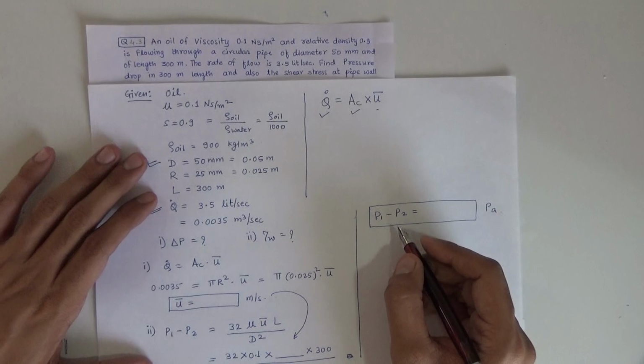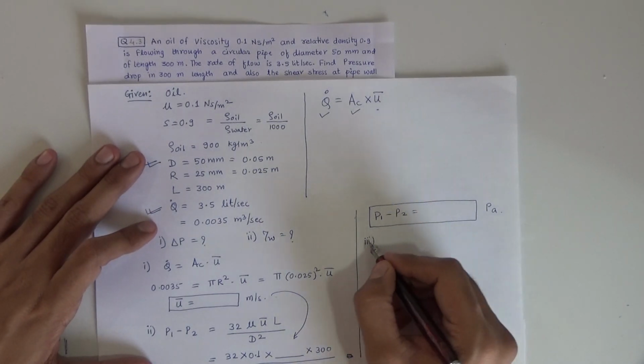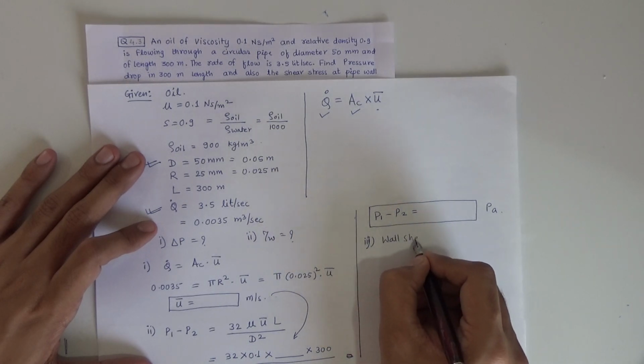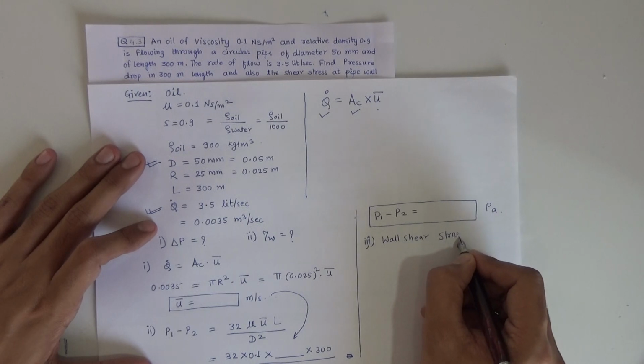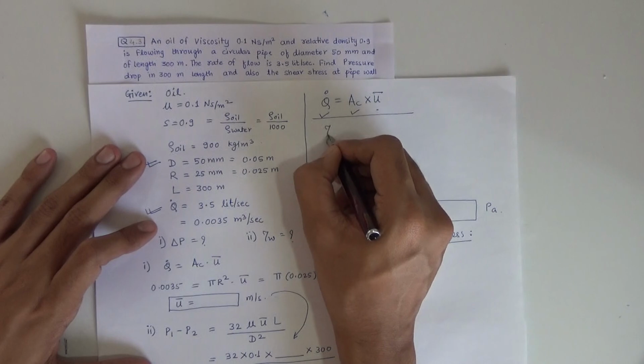Now the part we need to find out is, not the third, it is the second part, which is the wall shear stress. If you observe the wall shear stress, I can write down the formula for shear stress. What is shear stress?